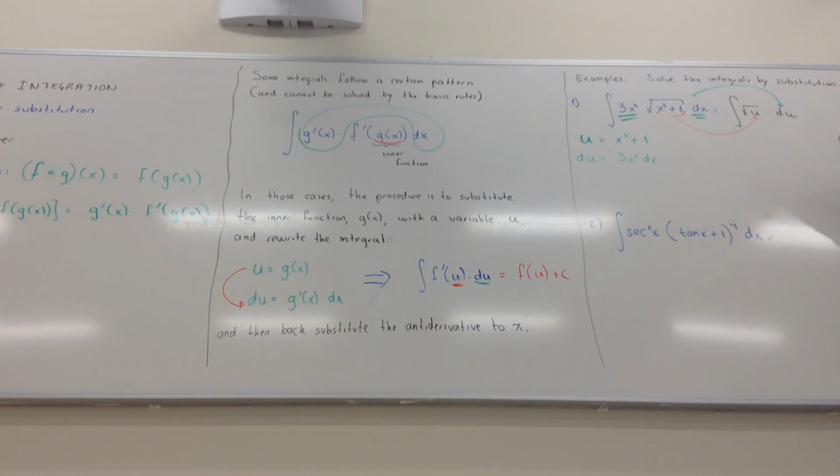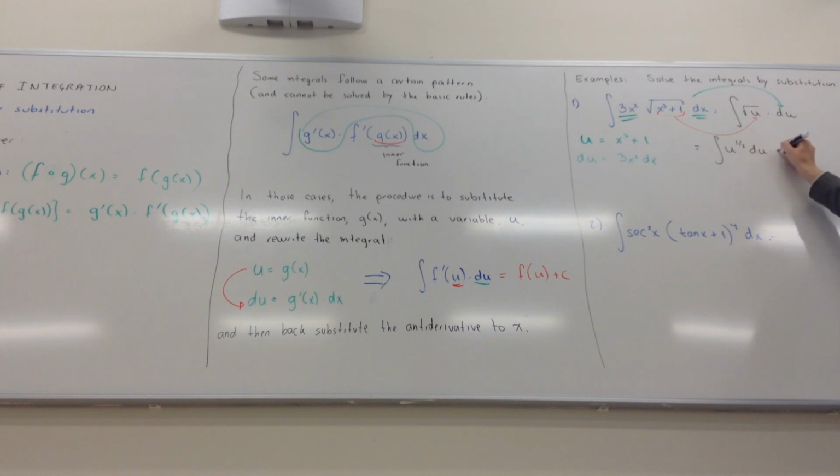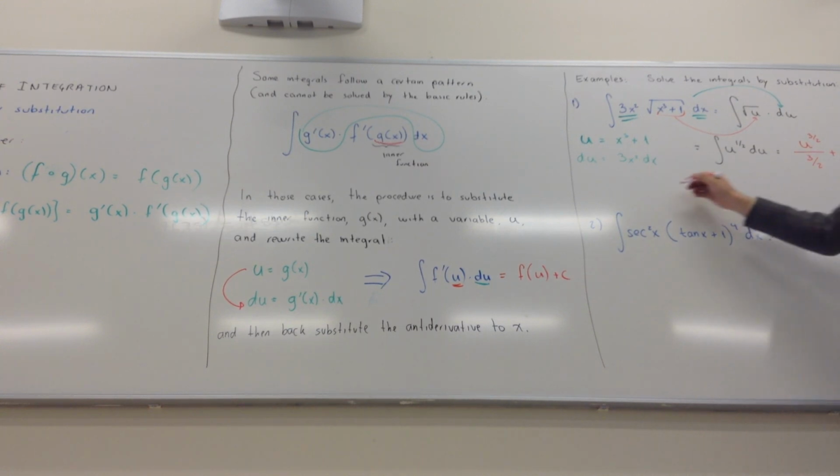Now, question. What do we do now? Solve it. How do I solve this integral? First, I need to rewrite the square root, right? So it's going to be square root of u, u to the 1/2 du, and the integral can be done, it's going to be u to the 3 halves over 3 halves plus c.